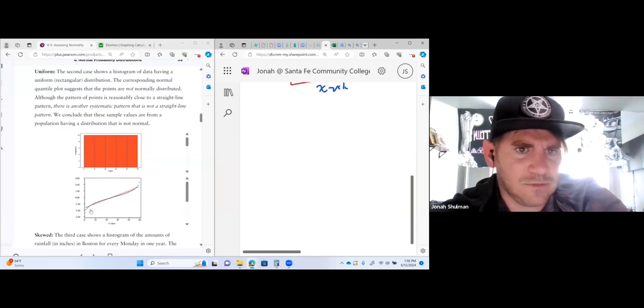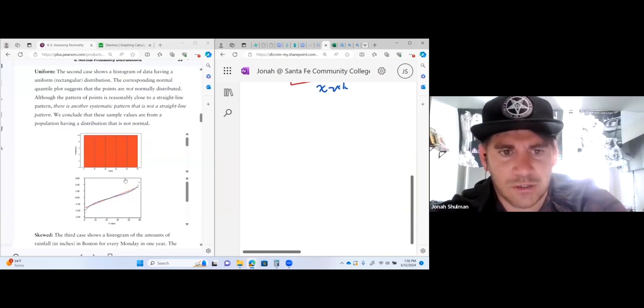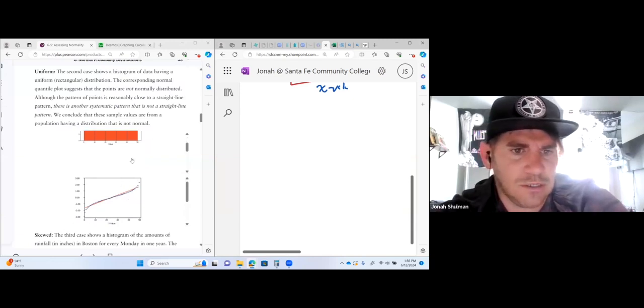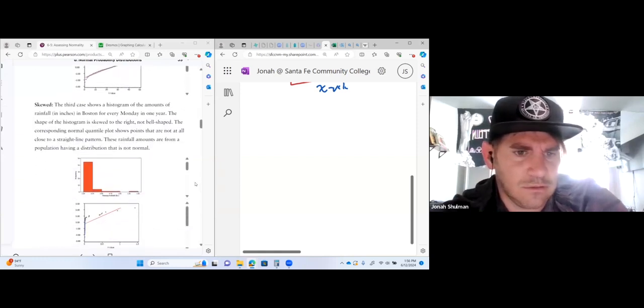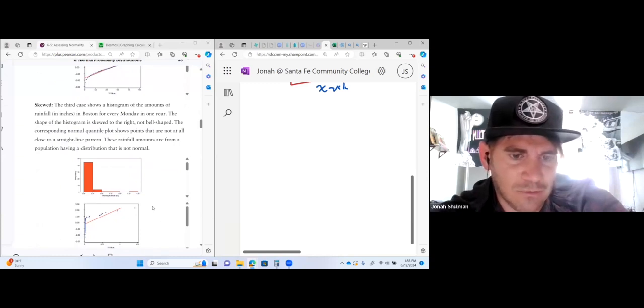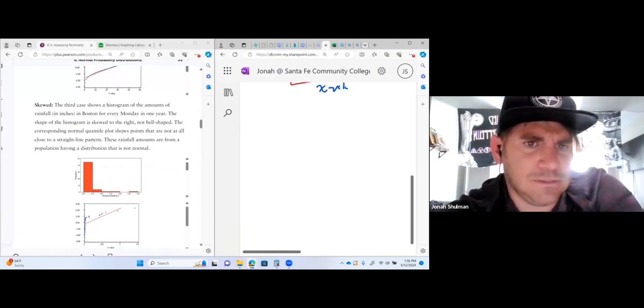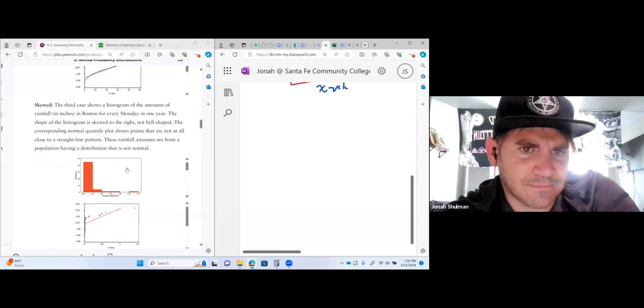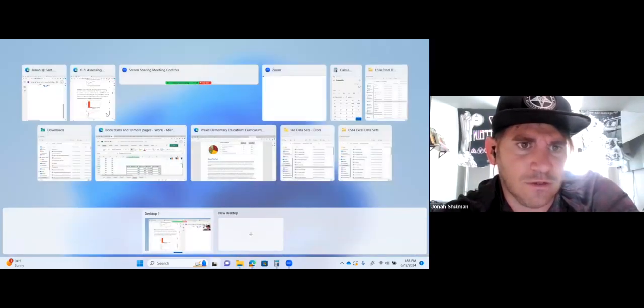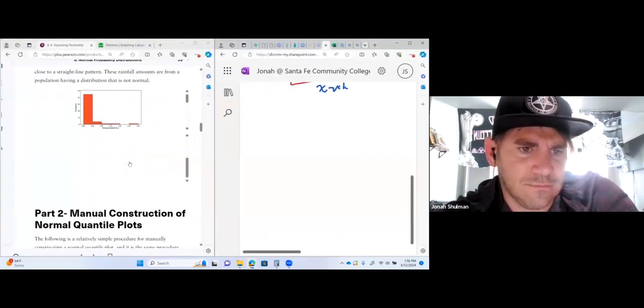If we're not normal, we're going to get a curvy line. It doesn't fall straight. We're skewed. I think it's going to be kind of high on one side, low on the other. Let's find out together. Nice. See, really high on one side and lower on the other. I like it. So it's skewed to the right. We're not going to be falling along the line. All right, let's make one.